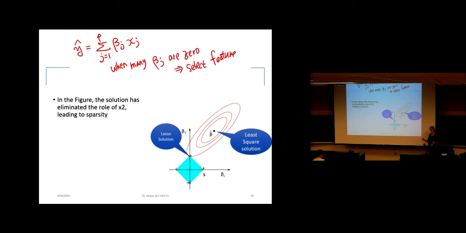Essentially, I'm selecting features through the solution by not performing explicit feature selection at all. I get a simpler model and hopefully a more interpretable model. This is normally called a sparse solution. So this is a lasso solution, this is the OLS solution.